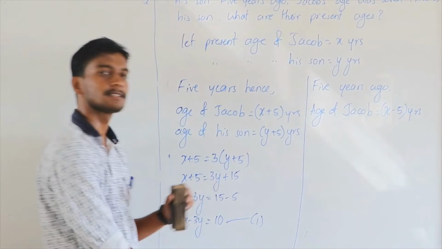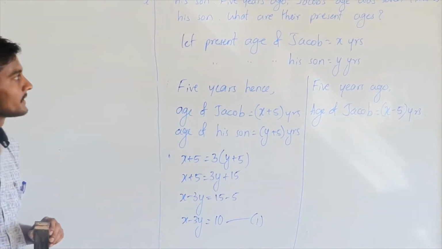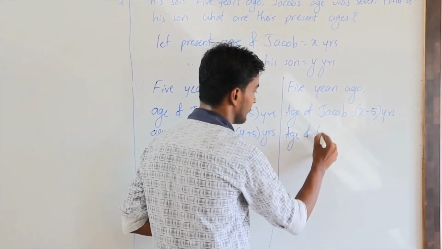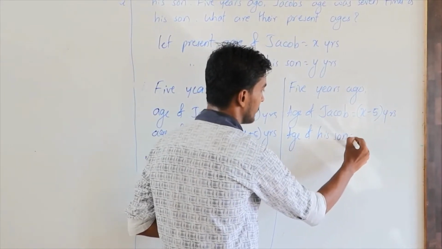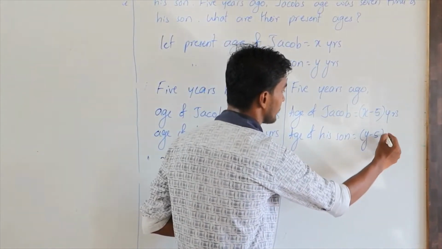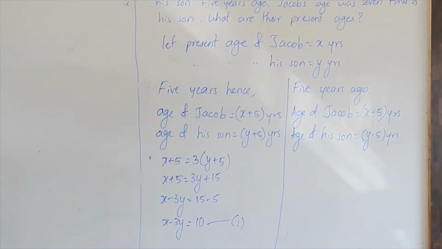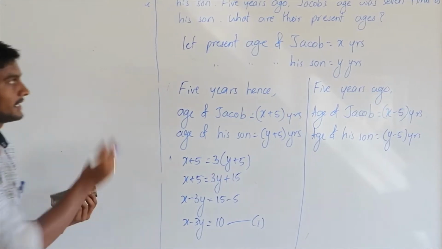The age of Jacob is x minus 5 years. So the age of his son is equal to y minus 5 years, because the present age of his son is y, 5 years ago y minus 5.